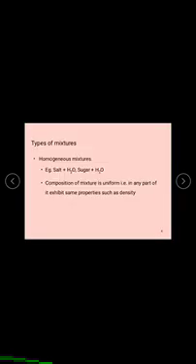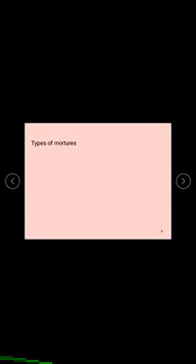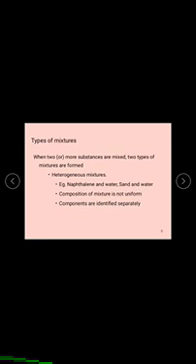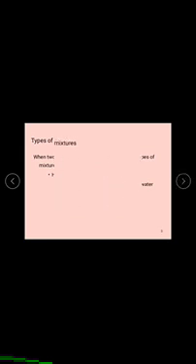Now let us see the differences between the homogeneous and heterogeneous mixtures. The homogeneous mixtures are completely and uniformly mixed with one another, but not in heterogeneous mixtures. In a heterogeneous mixture, we can separate and identify the components, but in homogeneous mixtures, we cannot.